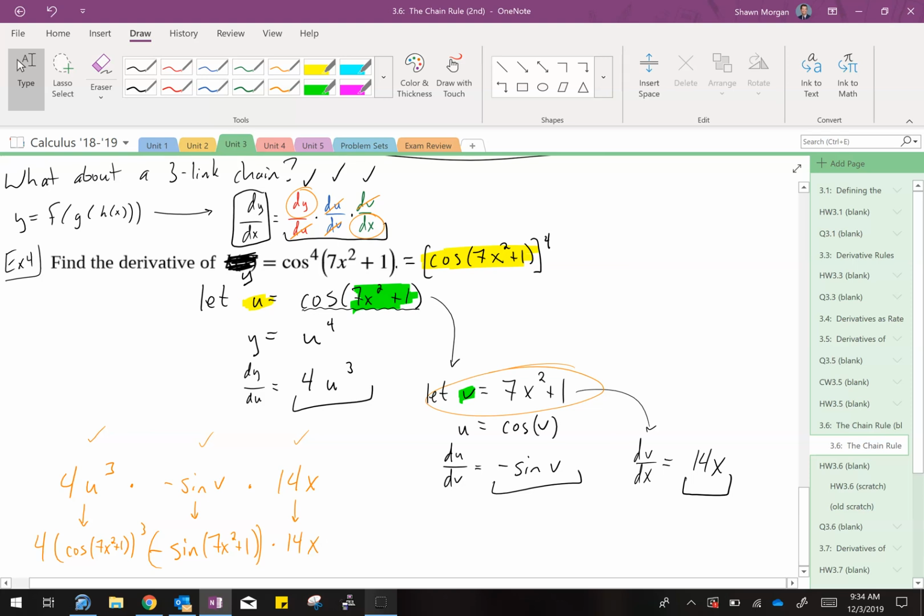I need to replace it with what u stood for. And if you're diligent in writing the problem out, and if you go to the trouble of saying, hey, let u equal this, then what I've got underlined here in this wavy line, u is directly substituted back into place. Here's this expression for u that I can just plug in place and get everything back in terms of the variable that we're supposed to have it back in terms of.